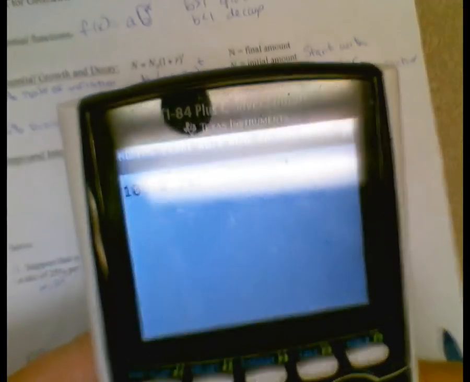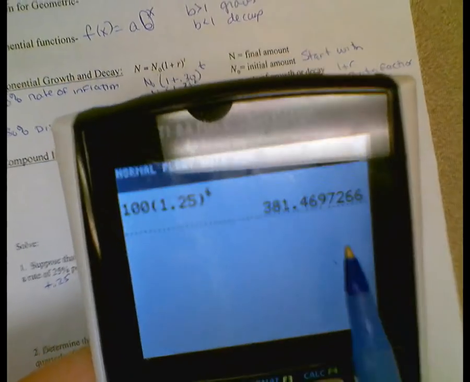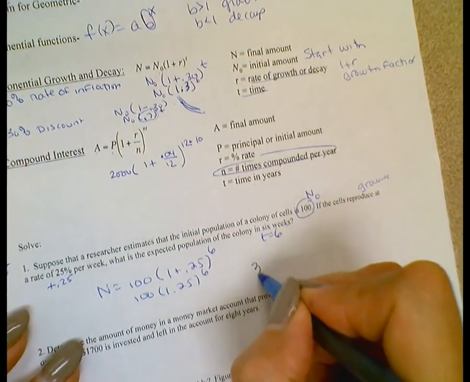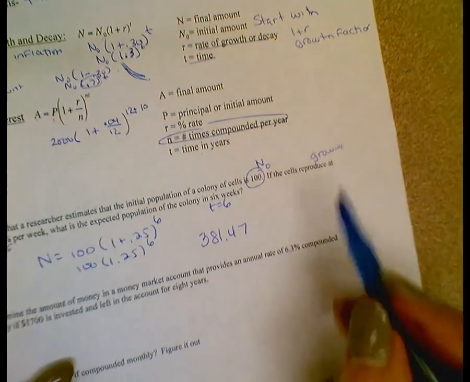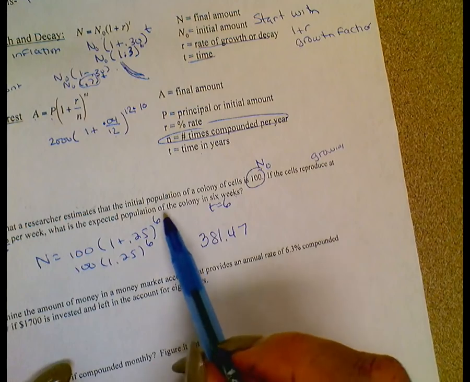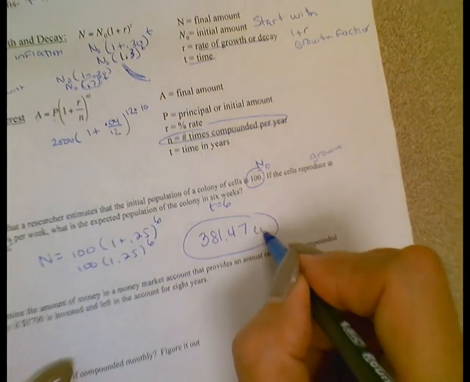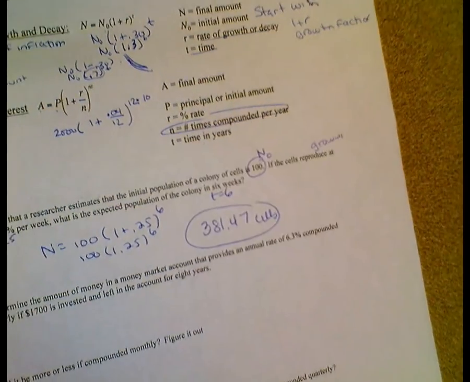I'll put a left parenthesis right there. 381.47. Now this was not money, right? This was cells reproducing. What is the expected population of cells in 6 weeks? 381.47 cells are expected in 6 weeks.